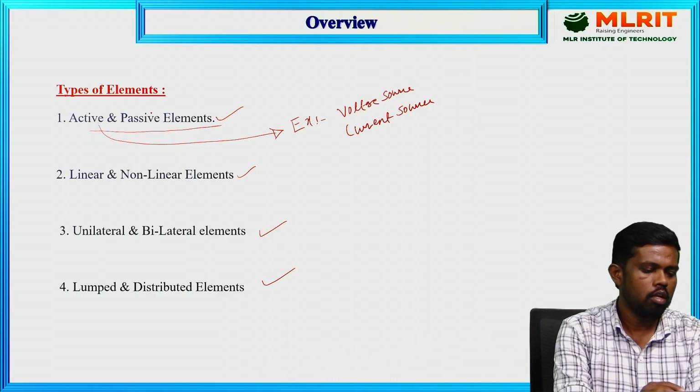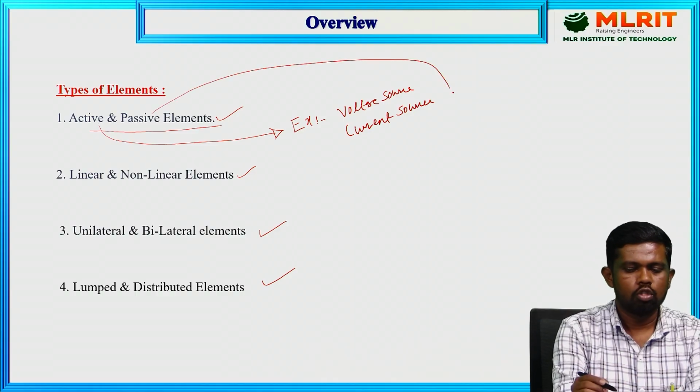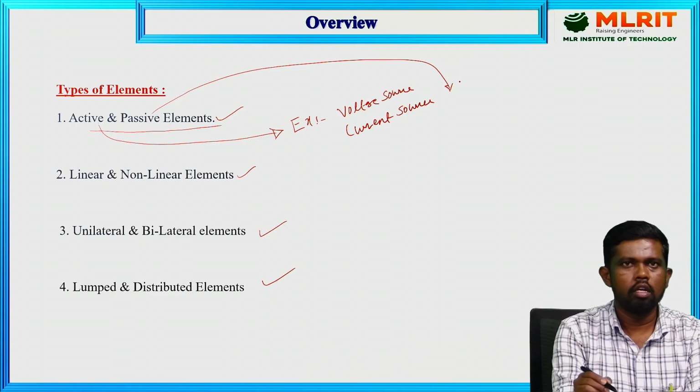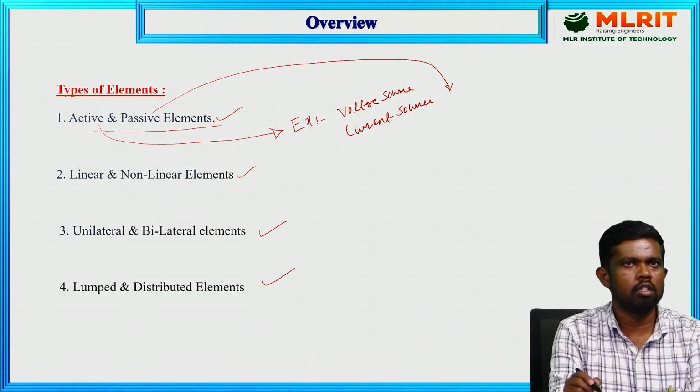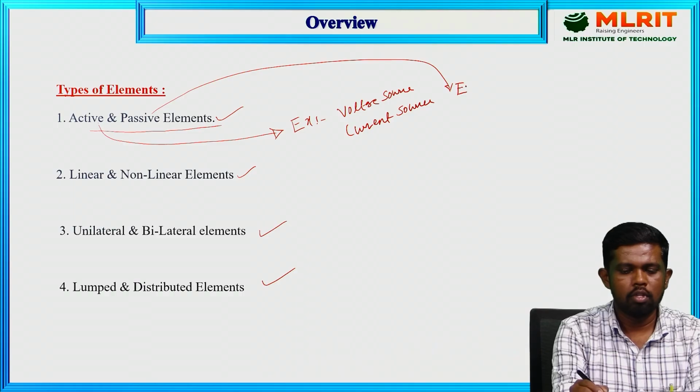Now coming to the passive elements category. A passive element is not capable of delivering energy. Whatever elements in the electrical circuit consume energy or power are simply called passive elements. Examples of passive elements are the resistor, inductor and capacitor.